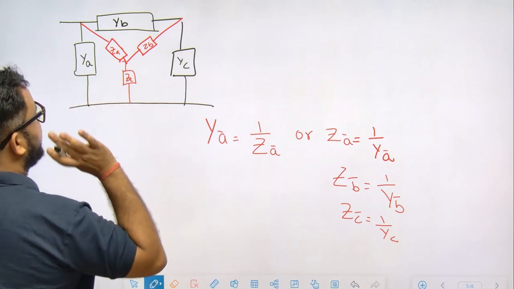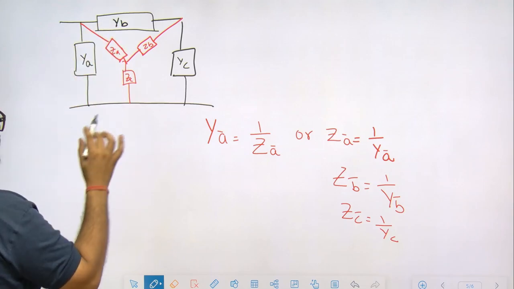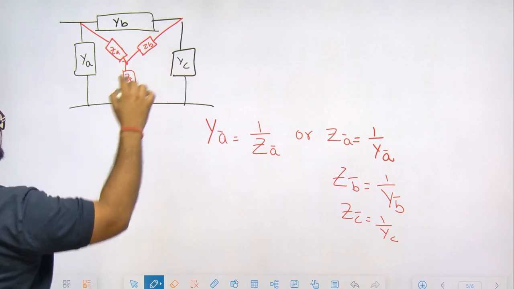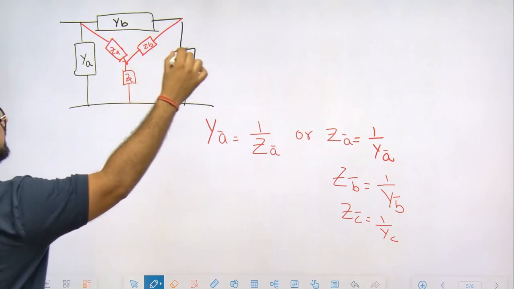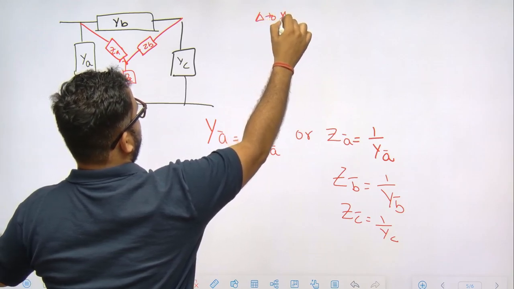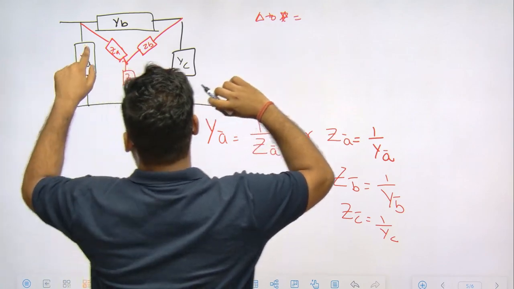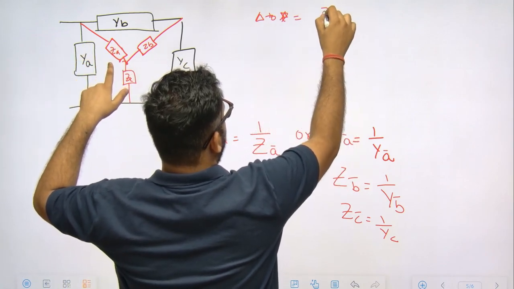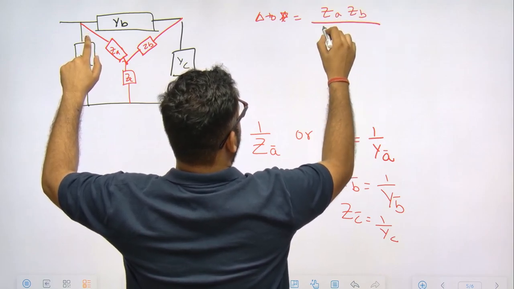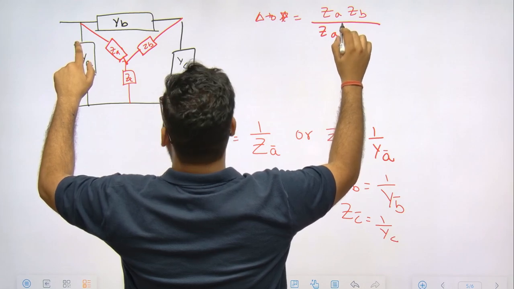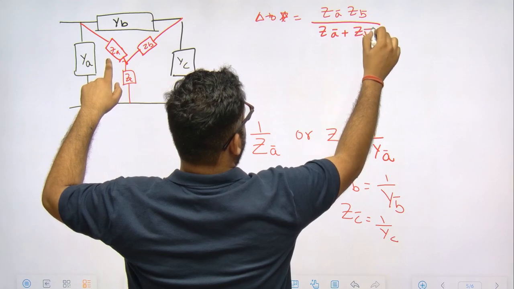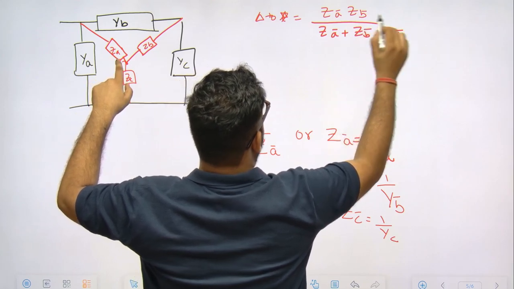Now, moving to the same way of calculating. Now, if you remember it, from delta to star conversion, what I used to do, I used to multiply the top two, whichever branch it is connected to, divided by ZA dash plus ZB dash plus ZC dash.